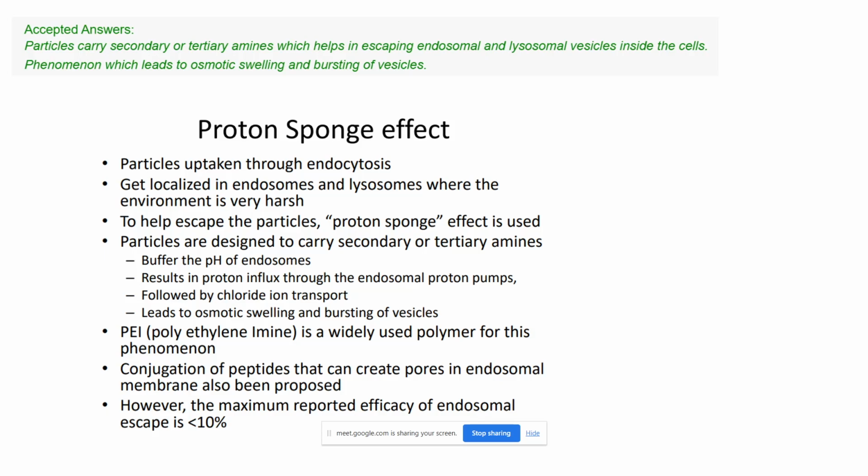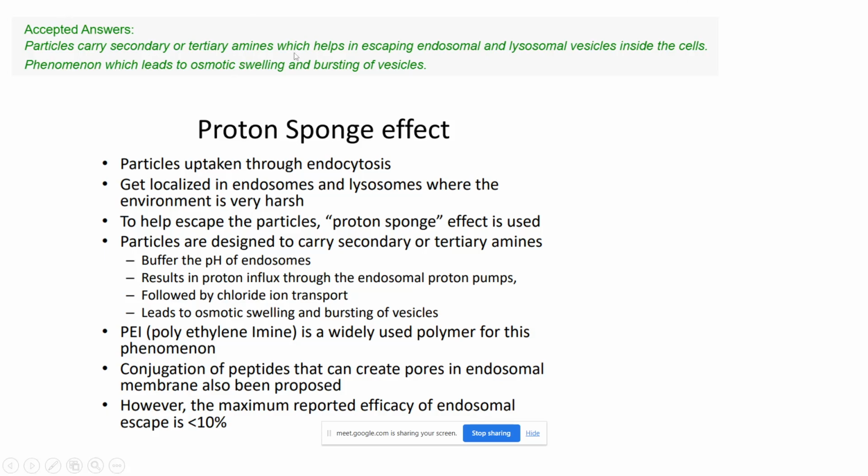So if our particle enters an endosomal or lysosomal vesicle, it won't be able to release the drug, and if we are delivering a peptide or something, it might get degraded inside those vesicles. So we need a strategy to escape from these vesicles, and that is where the proton sponge effect comes in.